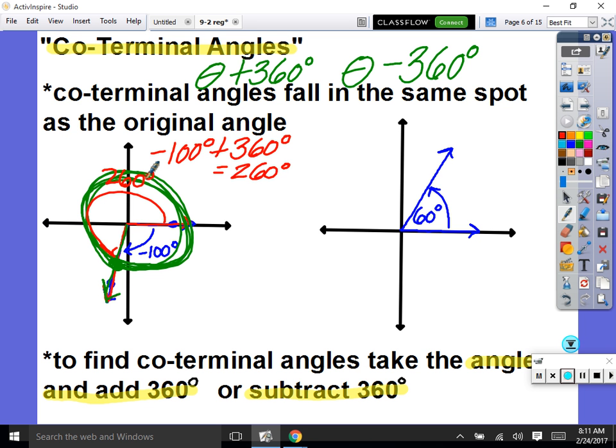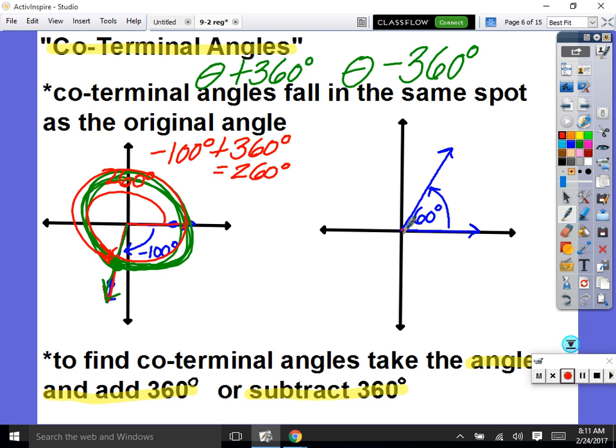We all good? So I could add 360 again to 260, and that would put me back there again. Do you guys get what I'm saying? So I could subtract 360 and that would be negative 400, and negative 400 degrees, right, everybody? Okay, awesome. So we all understand how coterminal angles work.